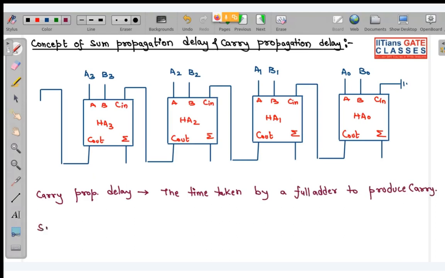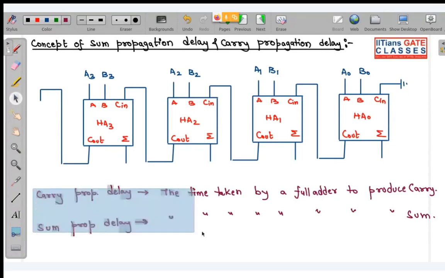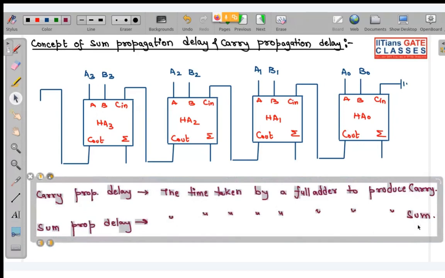And sum propagation delay means the time taken by a full adder to produce sum. Sum means this one and carry means this one. So this is your sum propagation delay and carry propagation delay.